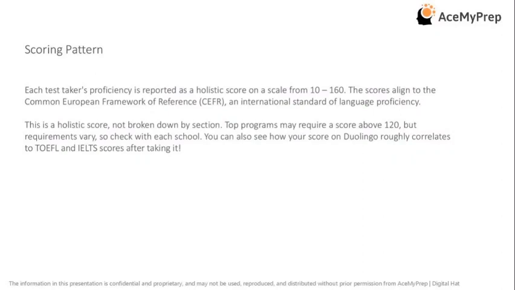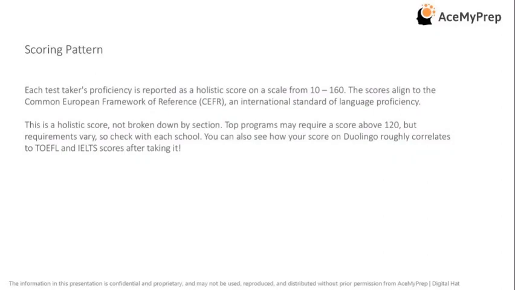Also in this test, the sections are not segregated. You've seen the listening, the speaking, the writing, they all come together. There's no set pattern in which they're going to occur. That is why the holistic score is there. Also, you can look up the university requirement. Whichever university you're applying to will have given a score requirement on its website.